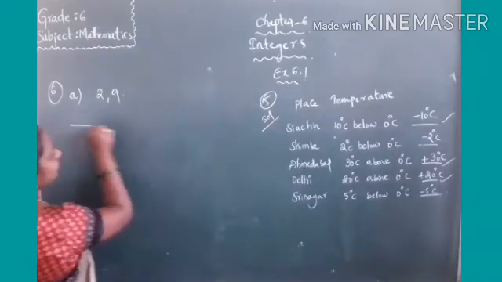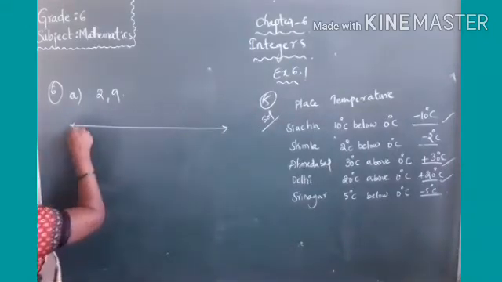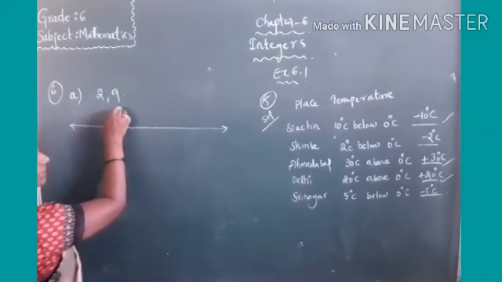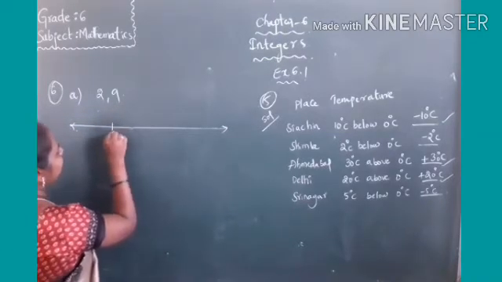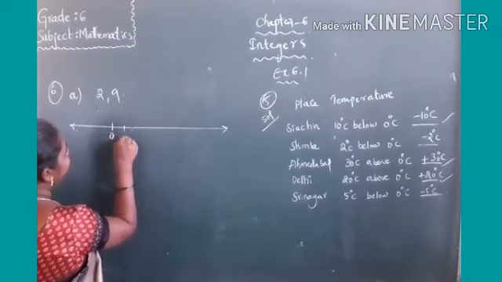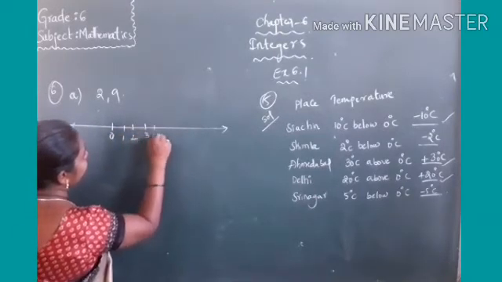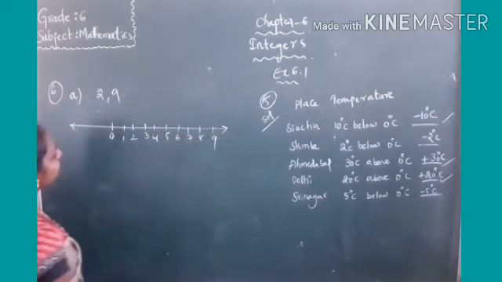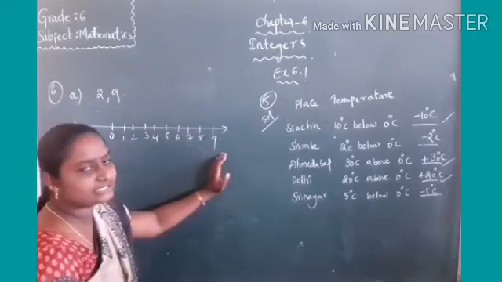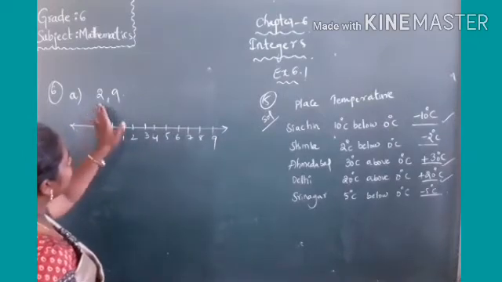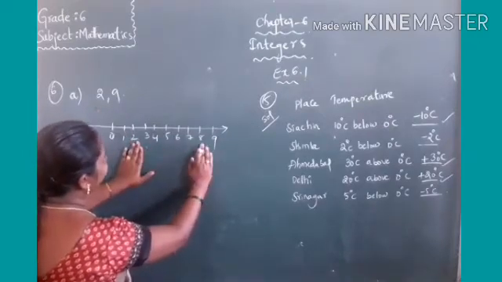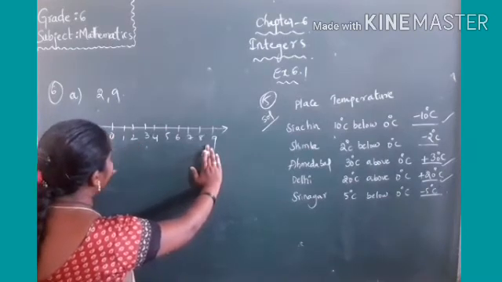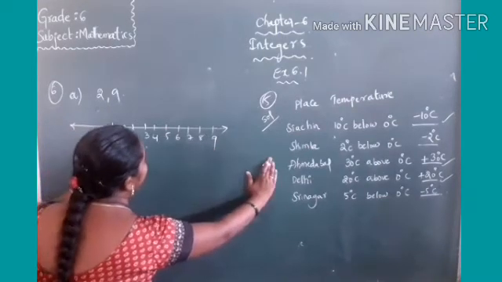If you represent these integers on a number line, these two are positive integers. So at 0, on the right side, we put 2, 3, 4, 5, 6, 7, 8, 9. Observe here, where is 2 and where is 9? 2 is on the left side, 9 is on the right side.